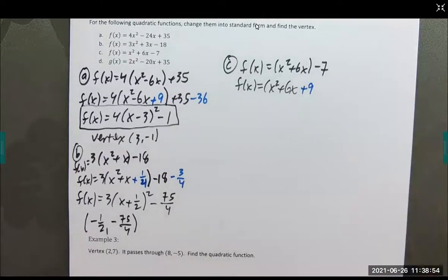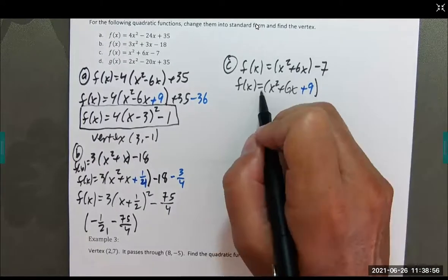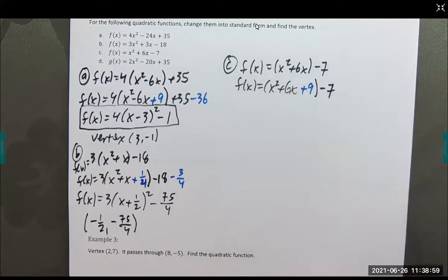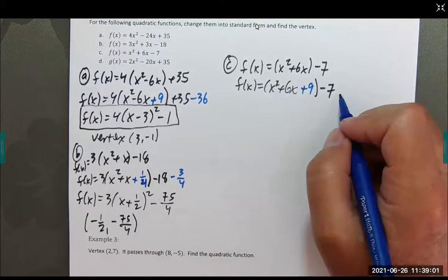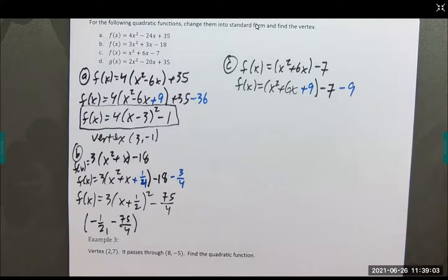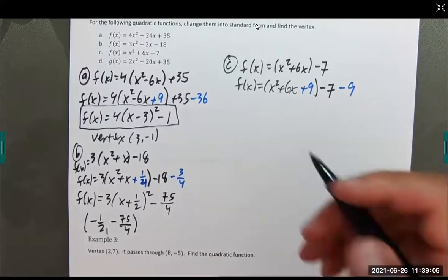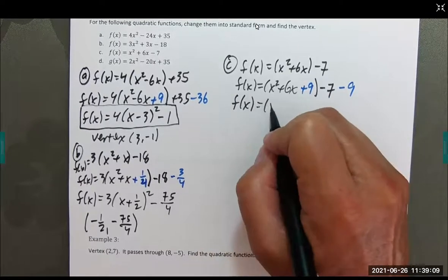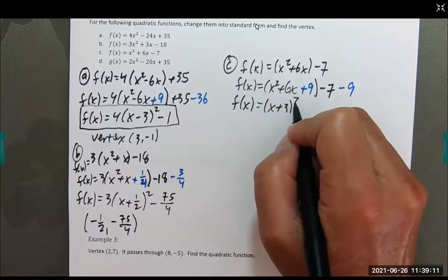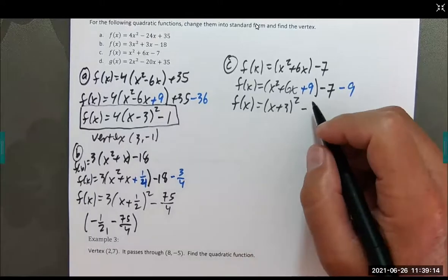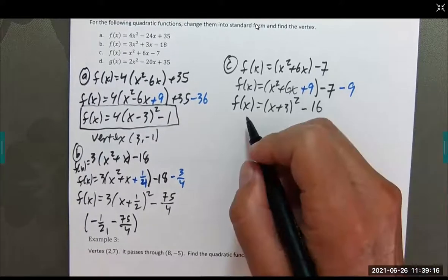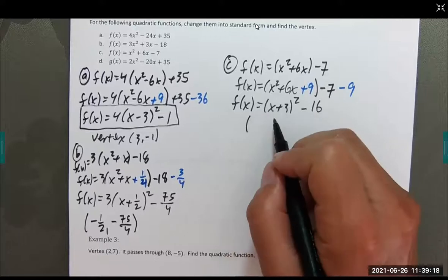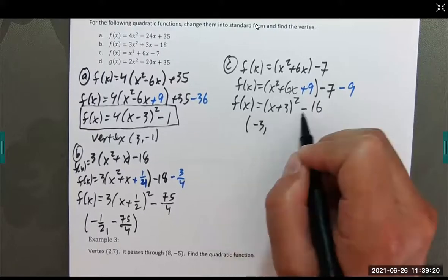And that really is a 9 because that lead coefficient, there's a 1. Compensate, subtract 9. That's going to give me (x plus 3) squared minus, was it 16? So we have a vertex at opposite sign, -3, same sign, -16.